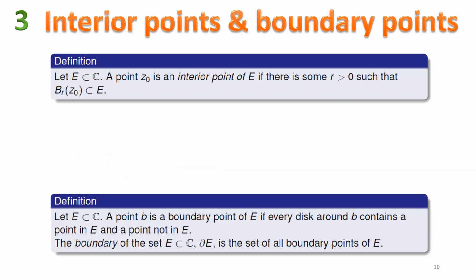A boundary point B of E is such that every disk around B contains a point in E and a point not in E, just as we have seen now. Such a boundary set is technically denoted by del E, the set of all boundary points of region E.